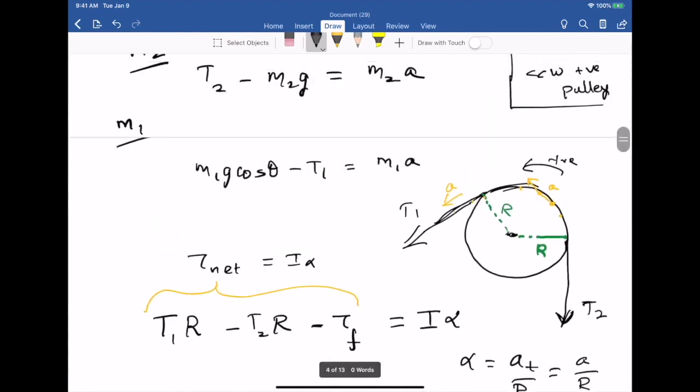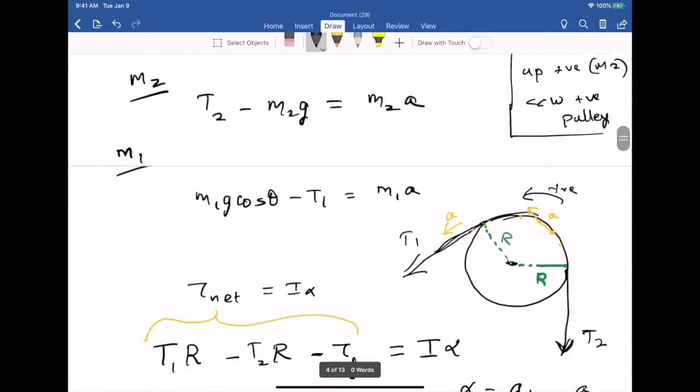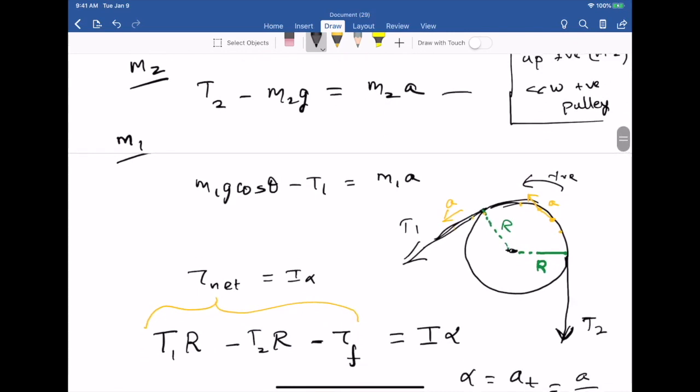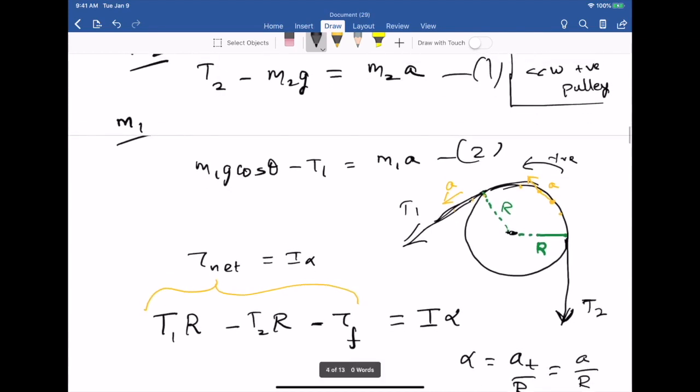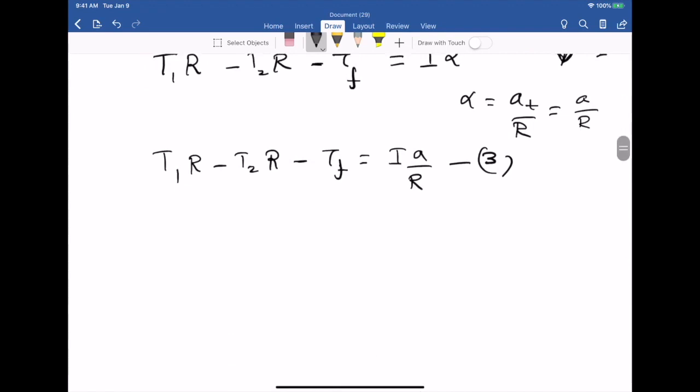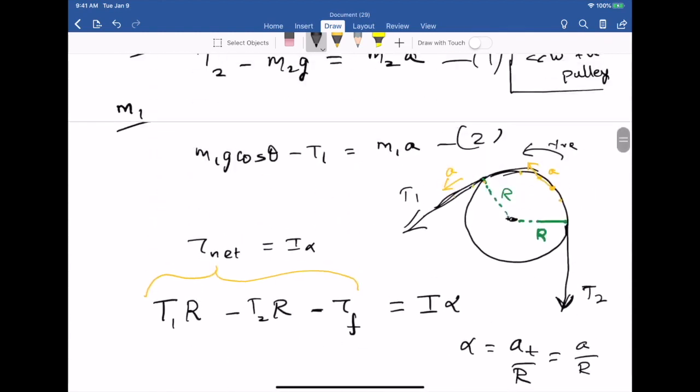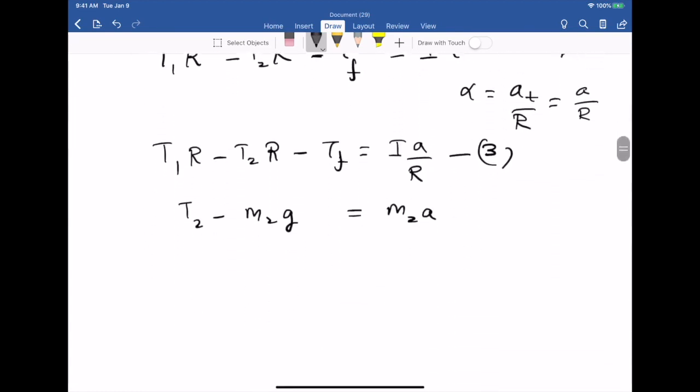And the other two equations we got for our two unknowns were, this is equation 1 and this is equation 2. I'll just write them over here. T2 minus M2G is equal to M2A. And the other one was M1G cosine theta minus T1 is equal to M1A.